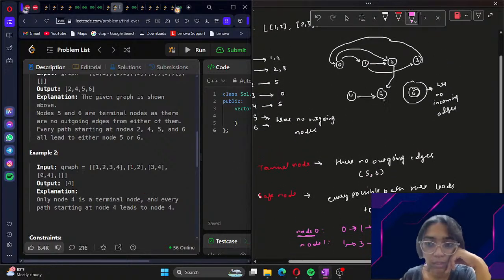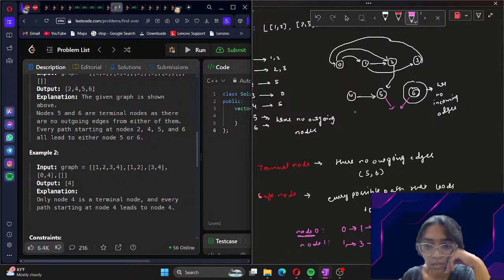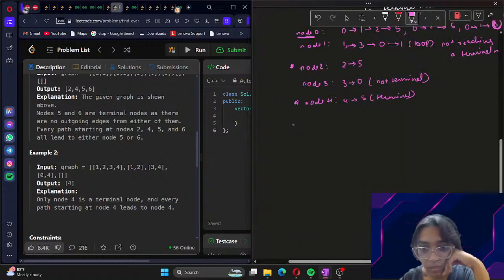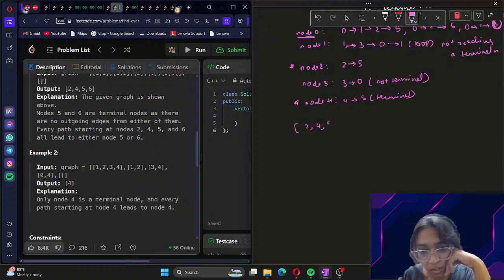Safe states are the states where the outgoing nodes will always lead to a terminal node. Here, as these both are terminal nodes, we can consider these as safe nodes. So here, the safe nodes are 2, 4, 5, and 6.